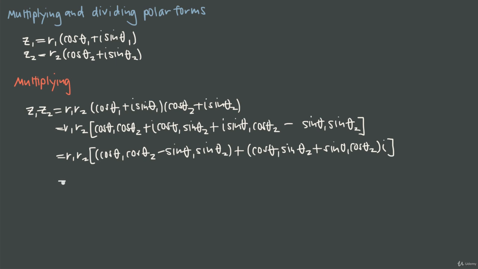Now this part comes directly from trig identities, and it's the part that helps us simplify this expression the most. When you have this value here, cosine times cosine of two different angles, minus sine times sine of the same two angles, so basically cosine A, cosine B, minus sine A, sine B, that's the form that we have here, that's always equal to cosine of A plus B, or in this case, theta sub 1 plus theta sub 2.